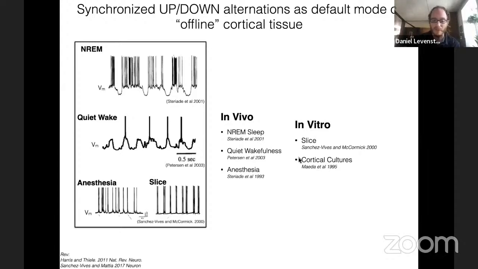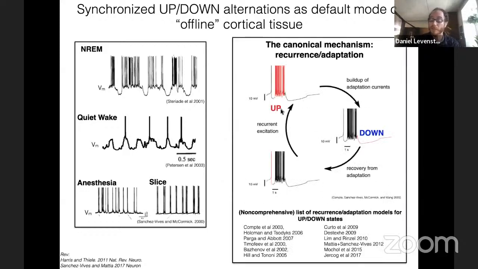Because of all this work, especially in the more in vitro preparations, there's been a lot of good modeling work, and it's all come down to this canonical mechanism, which is that these alternations come from the interplay between recurrence and adaptation, as Mauricio also talked about earlier.